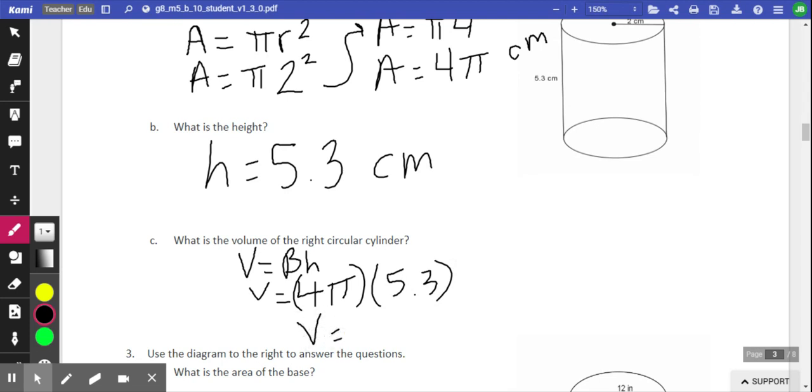So here, all you're going to do is multiply 5.3 times 4, which gives you 21.2 pi. And that's going to be centimeters cubed. Once again, you have centimeter squared here times another centimeter here, which gives you centimeter cubed.